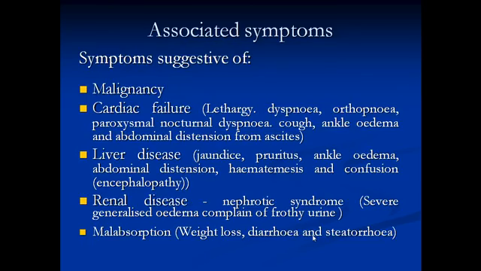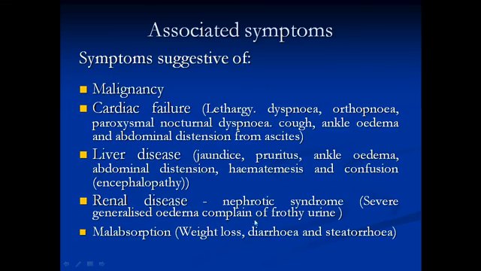And what are the associated symptoms? Malignancy, cardiac failure: lethargy, dyspnea, orthopnea, paroxysmal nocturnal dyspnea, cough, ankle edema, and abdominal distension from ascites. If liver disease: jaundice, pruritus, ankle edema, abdominal distension, hematemesis, and confusion and encephalopathy.